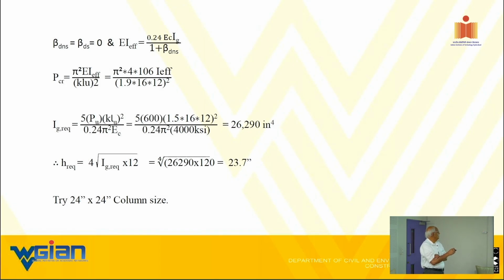And this is the 5 times, you remember I told you that's an empirical relationship, pi square EI over L square. And so the I value is about 26,000.